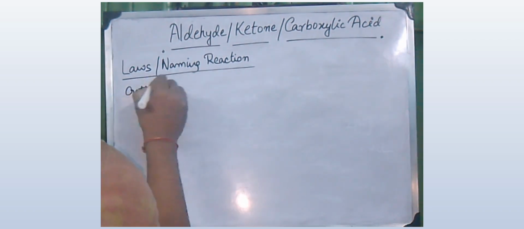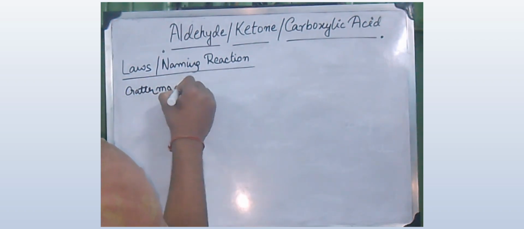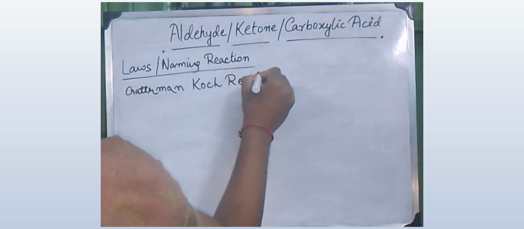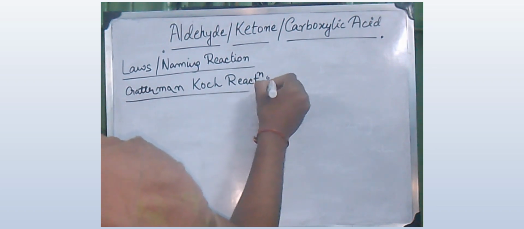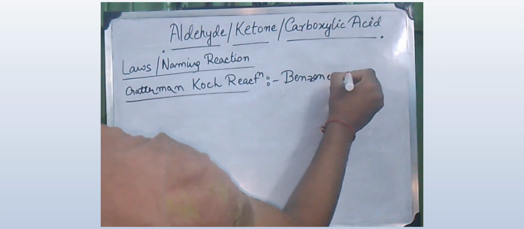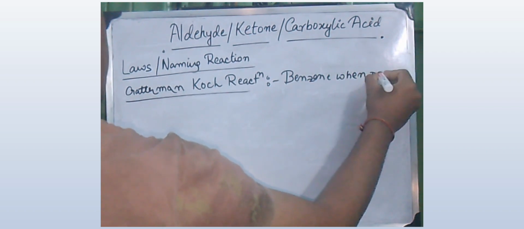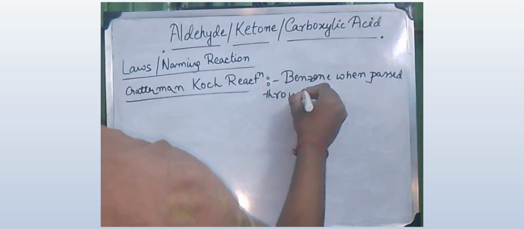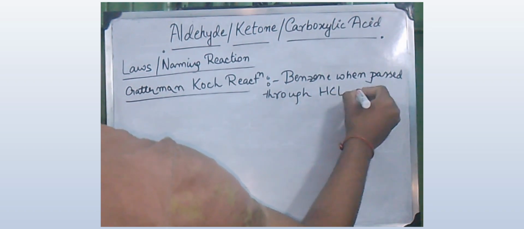Now we will move on to our next reaction, which is known as Gattermann-Koch reaction. In this reaction, hydrogen chloride in the presence of anhydrous AlCl3 and CuCl gives benzaldehyde when benzene is present.